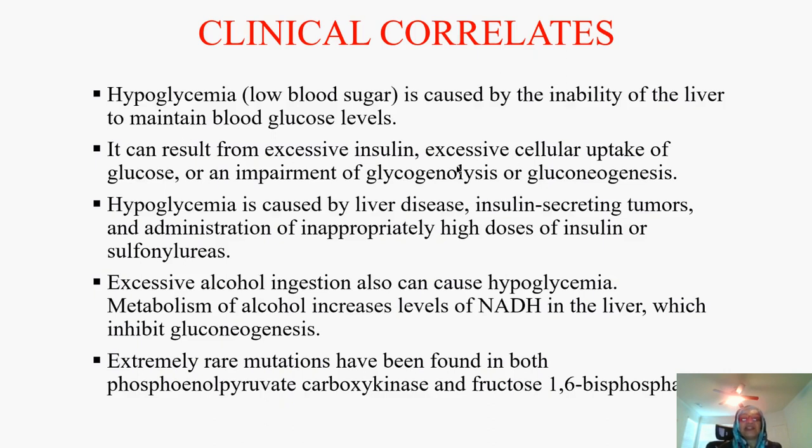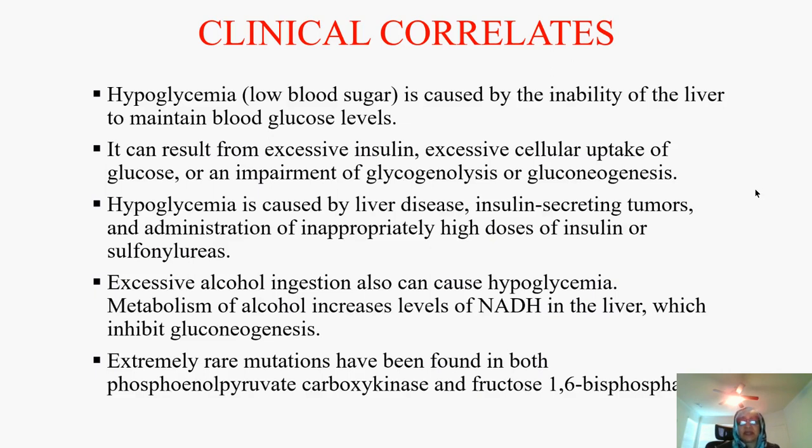Okay, so finally, I just want to show you what will happen if we are unable to do gluconeogenesis. As I mentioned, it's a continuous process. We can see it highly active during fasting state, but what will happen if we are unable to do gluconeogenesis, and why might we not be able to do it?